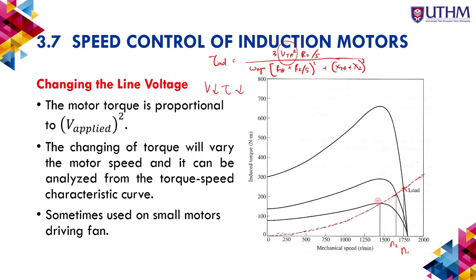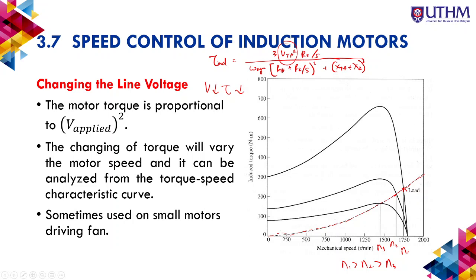If we reduce more and more, we get the new speed. So we can say N1 is greater than N2, and N2 is greater than N3. As long as the load can be moved to a certain speed that we want, the speed will be reduced.